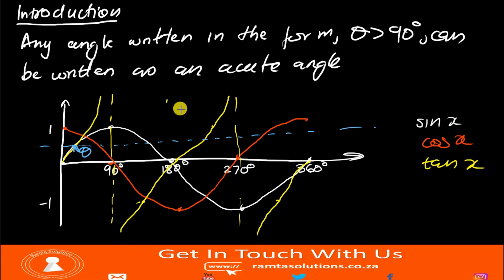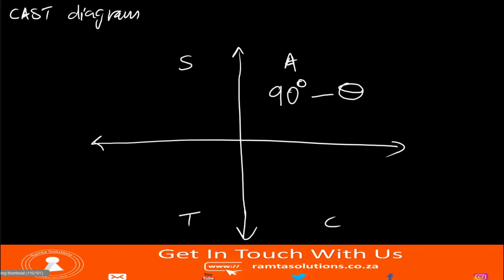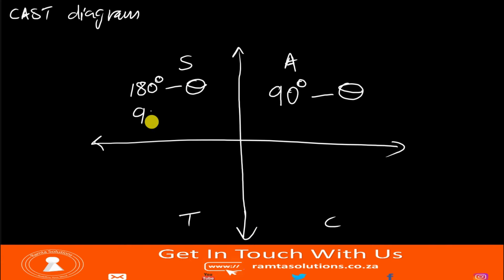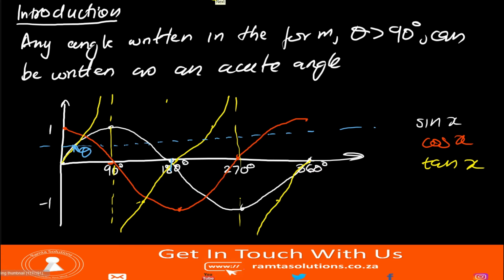So we can say the second quadrant is 180 degrees minus angle theta. Similarly, we can say it is 90 degrees plus theta. It's okay. 90 degrees plus theta.